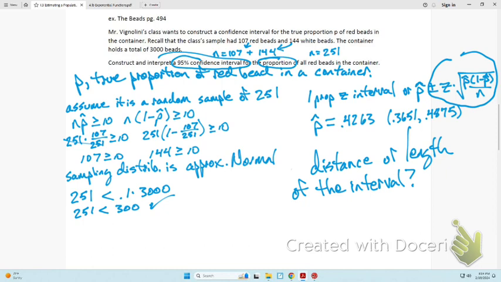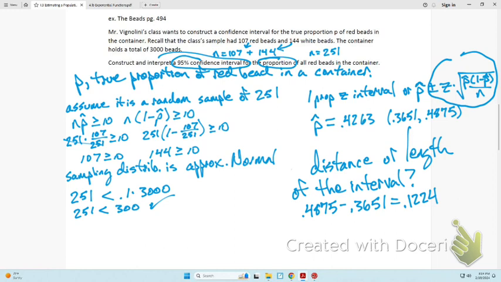So you just subtract them. 0.4875 minus 0.3651 is 0.1224. Whoops. So that means 36 to 48 is roughly 12 percentage points.